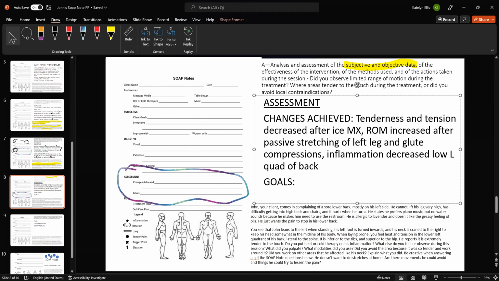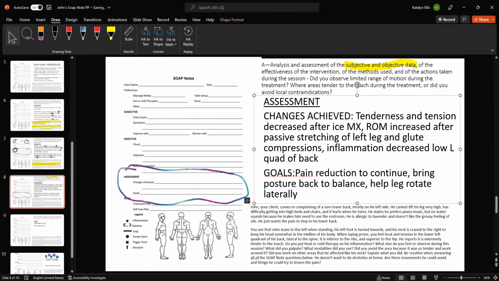Goals. We want pain reduction to continue. Bring posture back to balance is a great thing. All right. Help leg rotate laterally. We want to work on that.